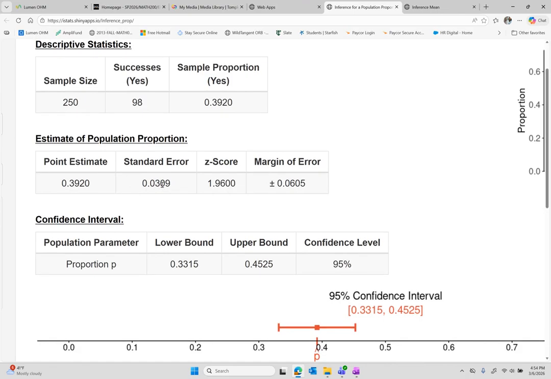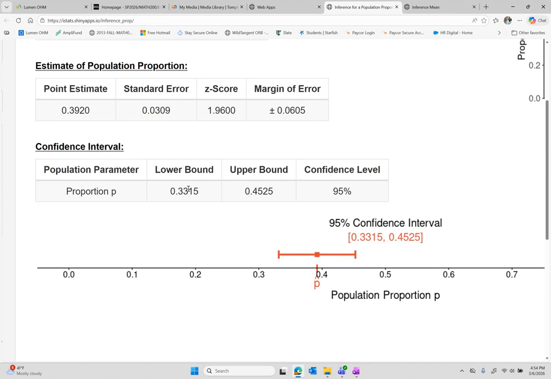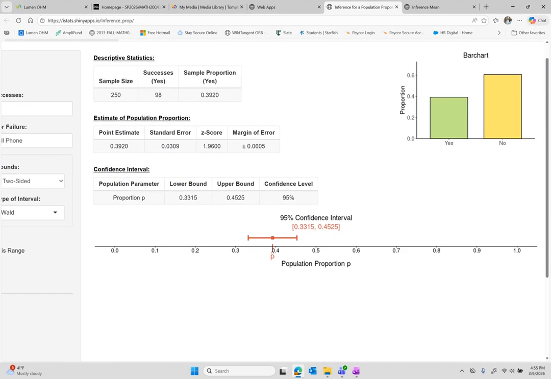The standard error was the square root of pq divided by n. It came out to be 0.0309. When I multiplied the z-score with the standard error, I got a margin of error of approximately 6%, 0.05. And therefore, from the point estimate minus that 6% and from the point estimate plus that 6%, I ended up with the two bounds for the confidence interval.